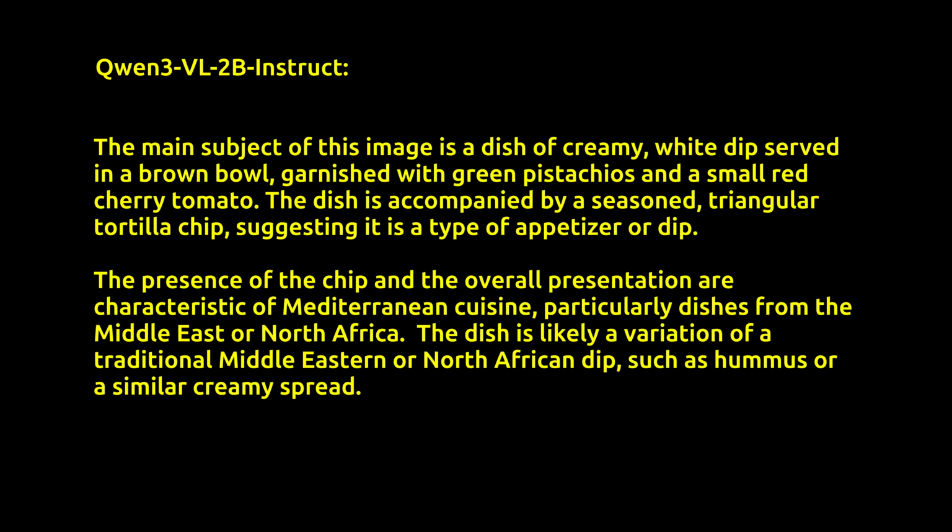The dish is accompanied by a seasoned triangular tortilla chip, suggesting it is a type of appetizer or dip. The presence of the chip and the overall presentation are characteristic of Mediterranean cuisine, particularly dishes from the Middle East or North Africa. The dish is likely a variation of the traditional Middle Eastern or North African dip, such as hummus or similar creamy spread.